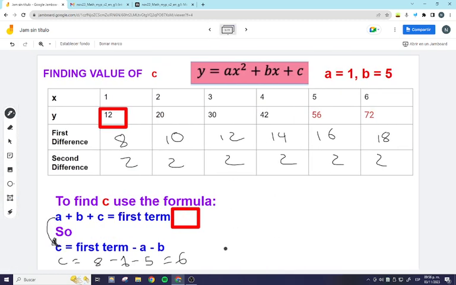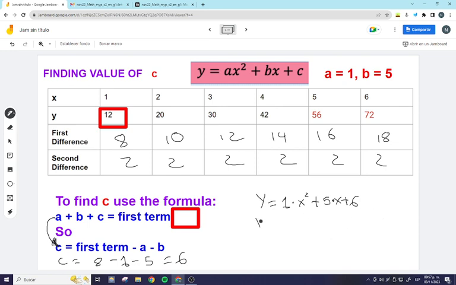Remember, we have to follow this structure, and we already know what A, B, and C are. So let's follow it. Y equals A, which is 1, times x squared, plus B, which is 5, times x, plus C, which is 6.